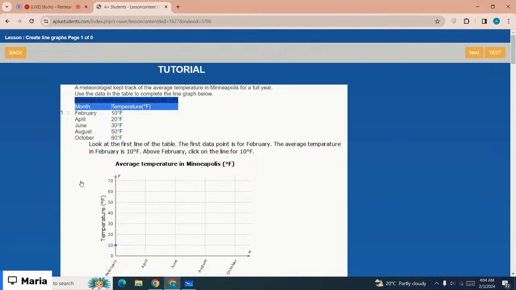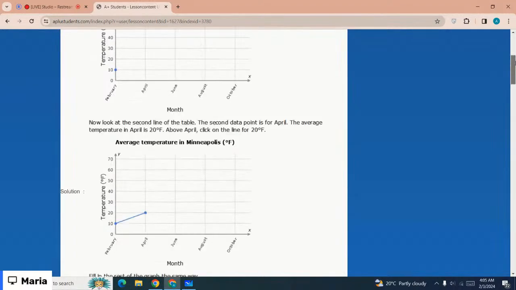Use the data in the table to complete the line graph below, right? So in February that is 10 degree F, in April 20 degree F, June is 30 degree F, August 50 degree and October is 60 degree F. You need to make a line plot for the given data.